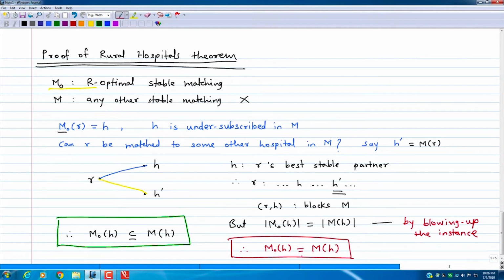But yes, we can do this with any two stable matchings where R gets two different partners. So we really don't need M naught, but we need some stable matching here where R gets a better partner than H.